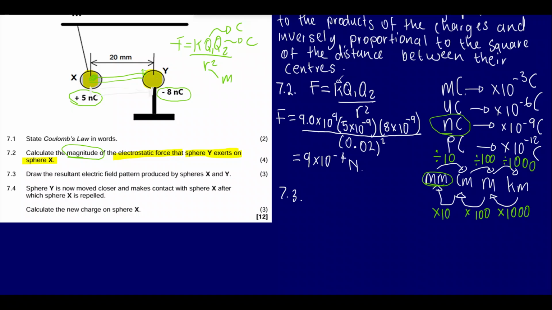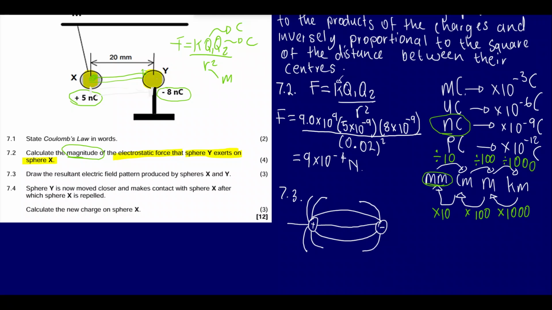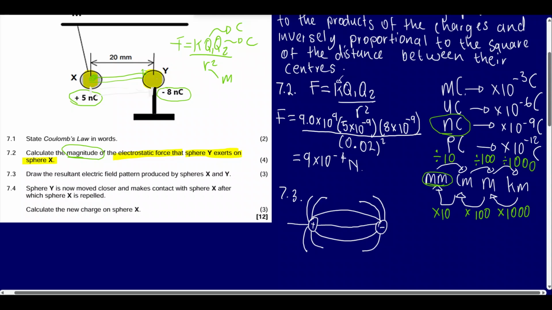So now let's move on to the third question, 7.3. The 7.3 question says that we have to draw the electric field pattern produced by sphere X and Y, right? Because we see that this one is positive and this one is negative, they will obviously attract each other, right? So if you draw in the field patterns here, they have to be symmetric, right?